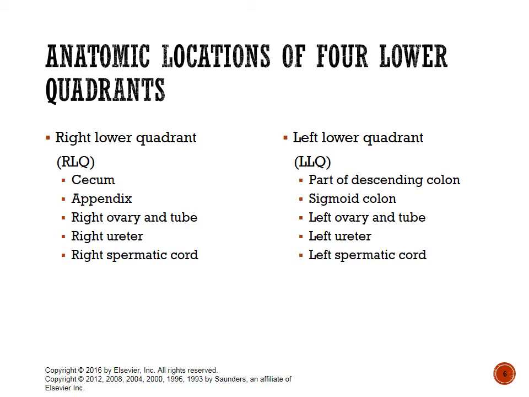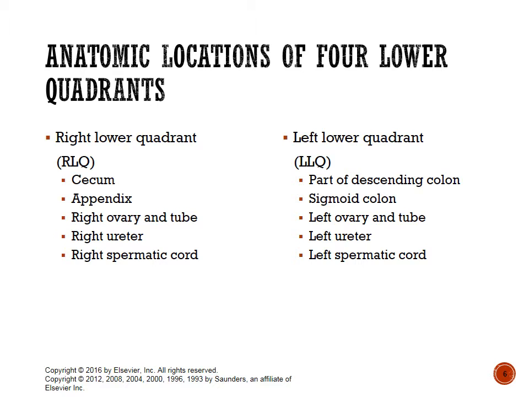The right lower quadrant has the cecum. For female patients, we're looking at ovaries, and for all patients, ureters, and also McBurney's point is located in the right lower quadrant. This is going to be helpful later on when we're looking at diagnosing appendicitis.